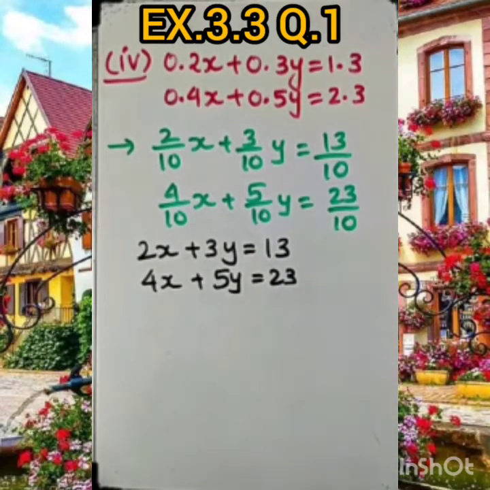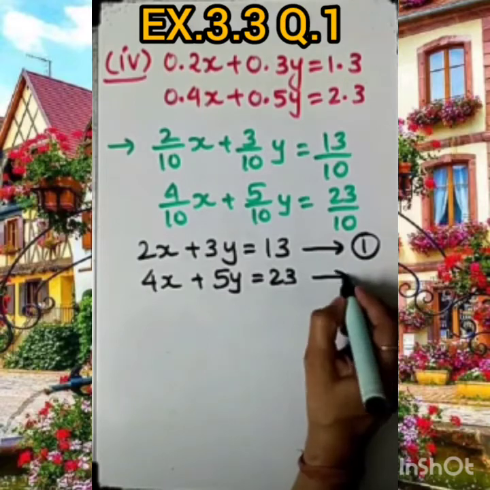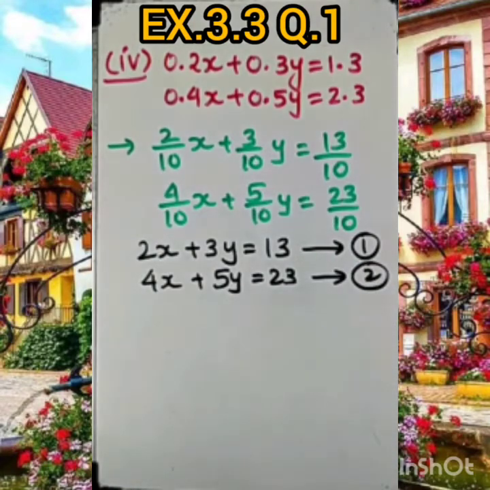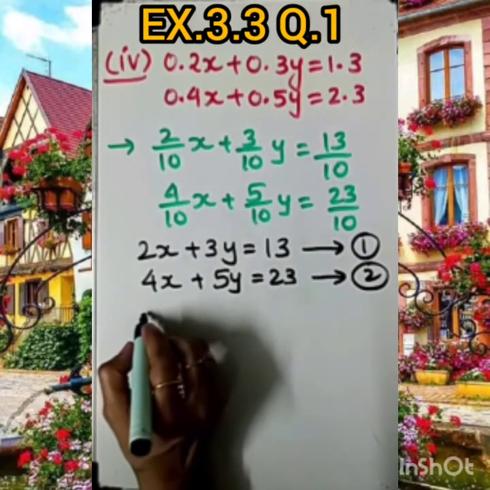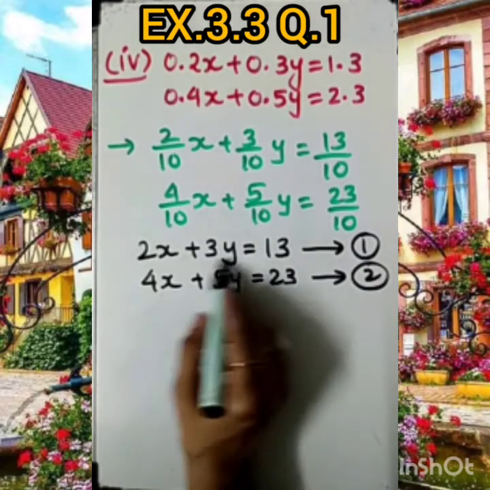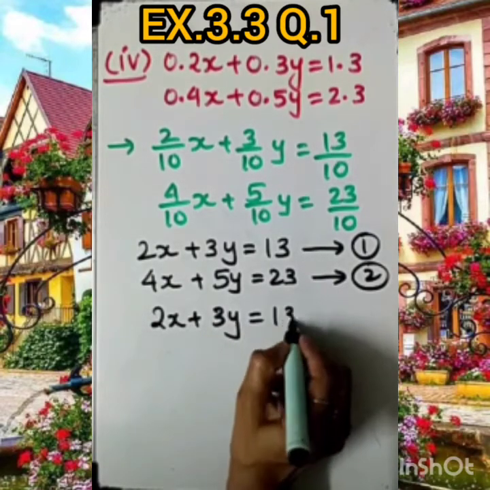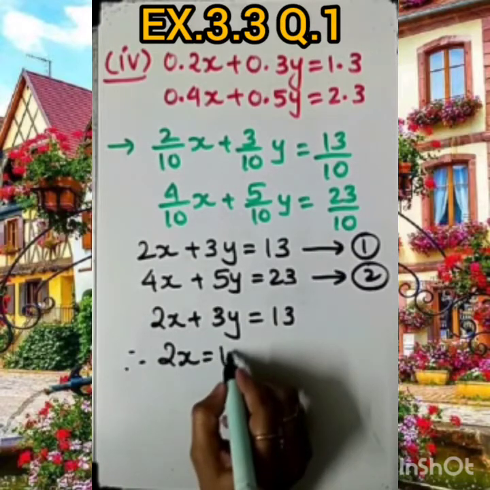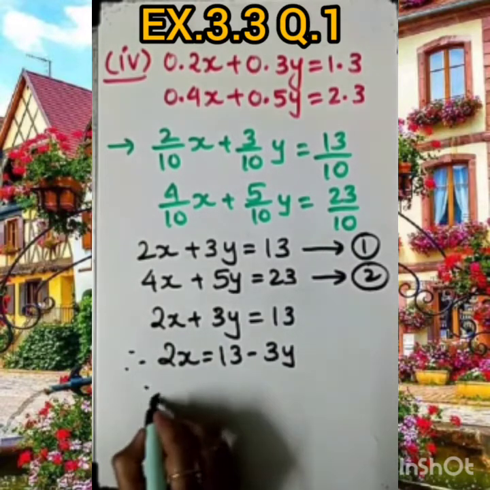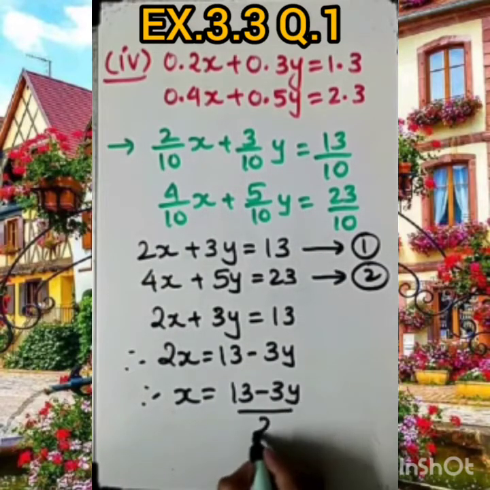Now, it depends on us how we are going to simplify. So this is the first equation and this is the second equation. Now substituting. We are making a subject here. 2x plus 3y equal to 13. Therefore, I am making x the subject here. So x is 13 minus 3y divided by 2.